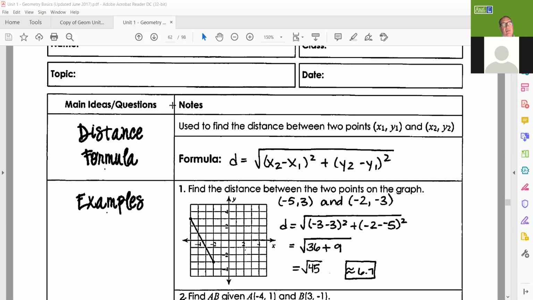A minute ago, I said this could also be solved by using the Pythagorean theorem. So let me pause this for a second and I'll come back and show you that.